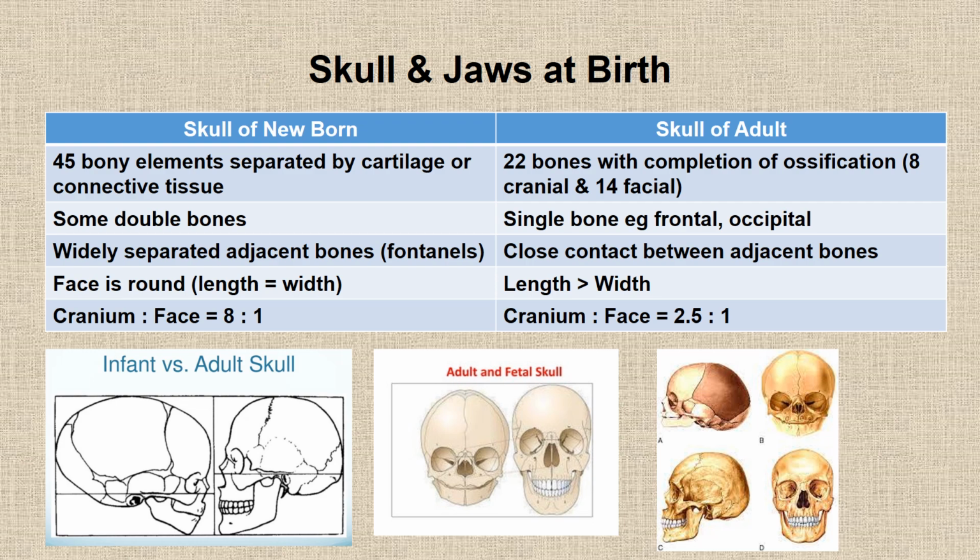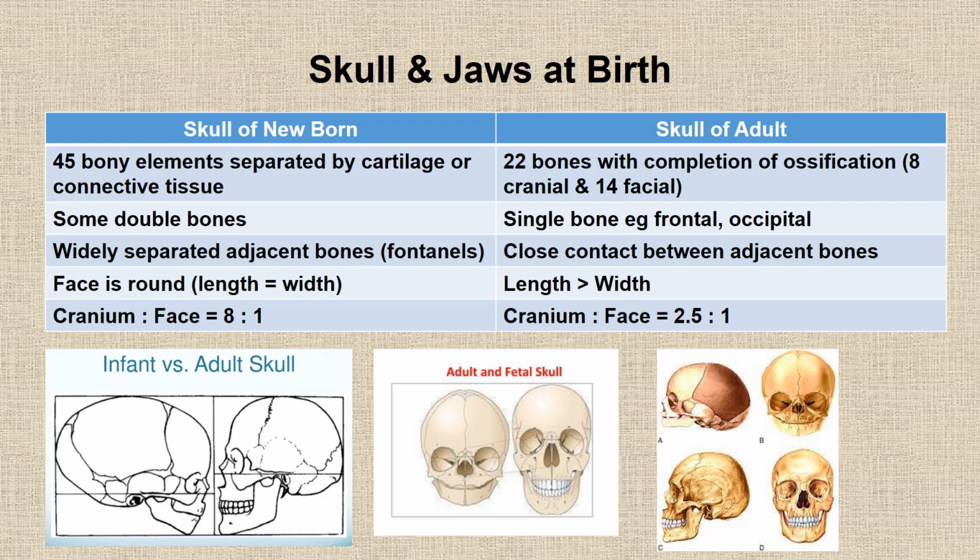Now, the face of a newborn is round, whereby the length is roughly equal to width. In the skull of an adult, the length of the skull is more than the width of the skull.